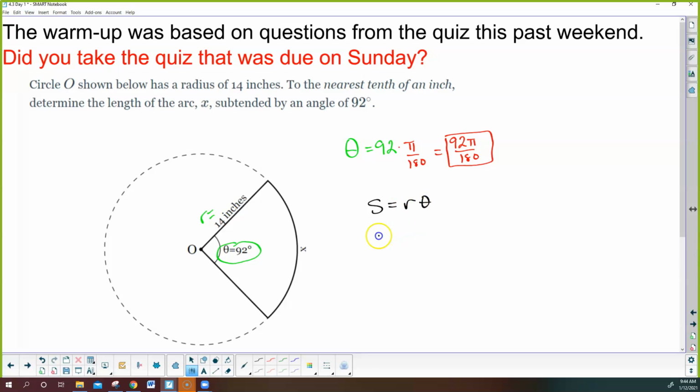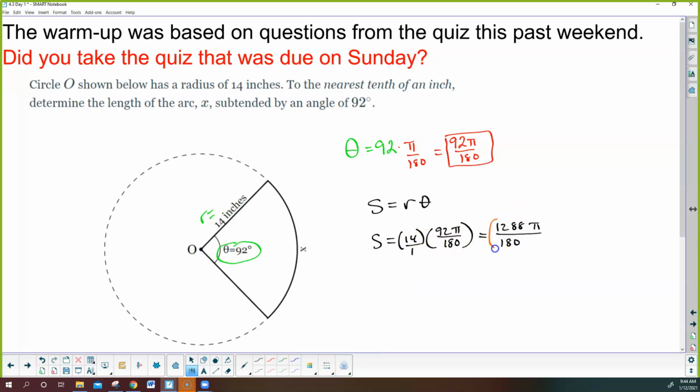And arc length is the radius, which our radius is 14, times 92 pi over 180, times theta. There's multiple ways you can reduce this. Since these are bigger numbers, what I would do is I just grab my calculator and I would do 14 times 92 up top, and then just leave pi off at the end. And then on the bottom, I get 1 times 180.